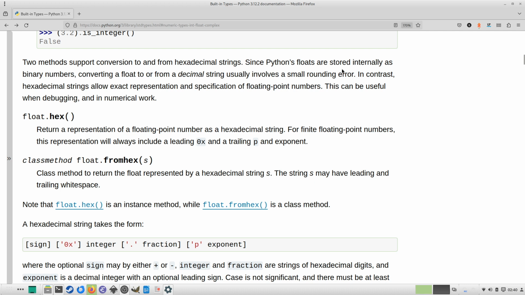Since Python's floats are stored internally as binary numbers, converting a float to or from a decimal string usually involves a small rounding error. That is because in the binary conversion, you get an infinite number of bits. There is a mathematical theorem related to this: suppose there is a fraction p by q in decimal.